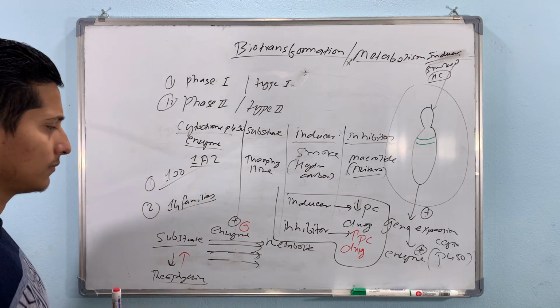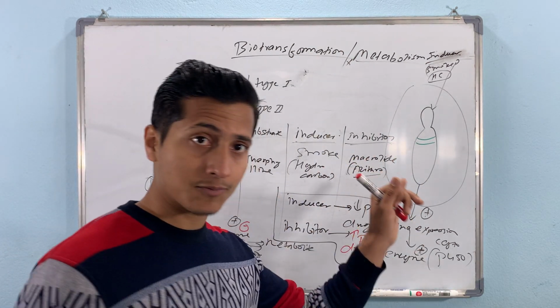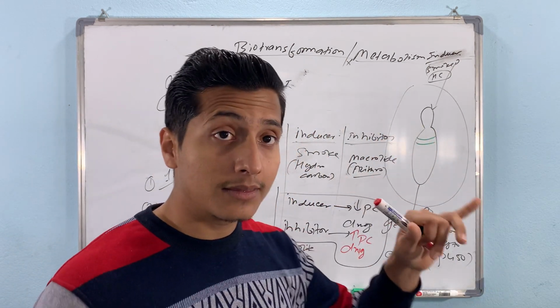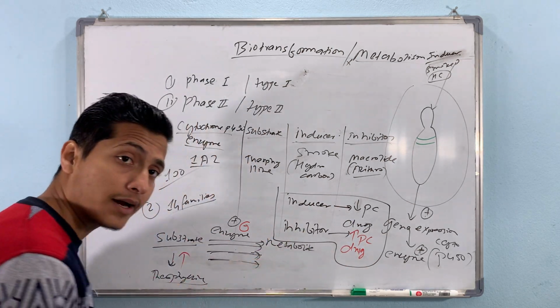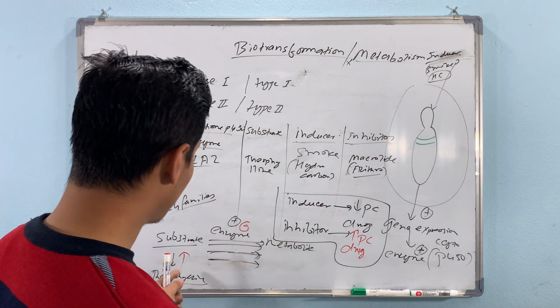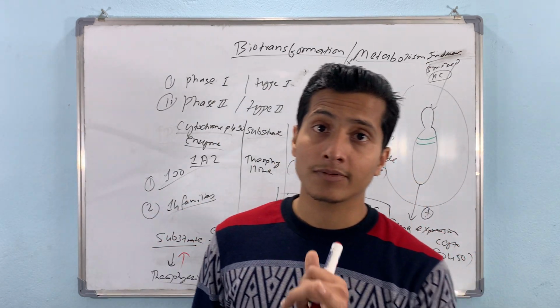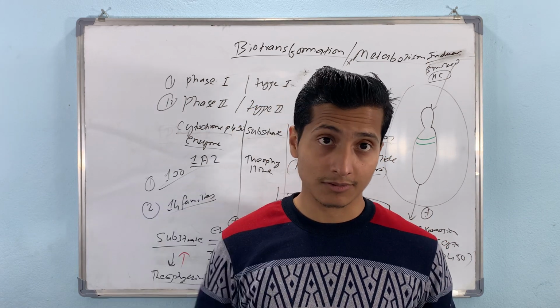So from all these pictures, what we need to conclude is that in the smoker who is smoking chronically, the level of the enzyme that metabolizes the theophylline goes up, so the level of theophylline in the blood goes down. So in case of a chronic smoker, if we have to give theophylline, we have to increase the dose of the theophylline.